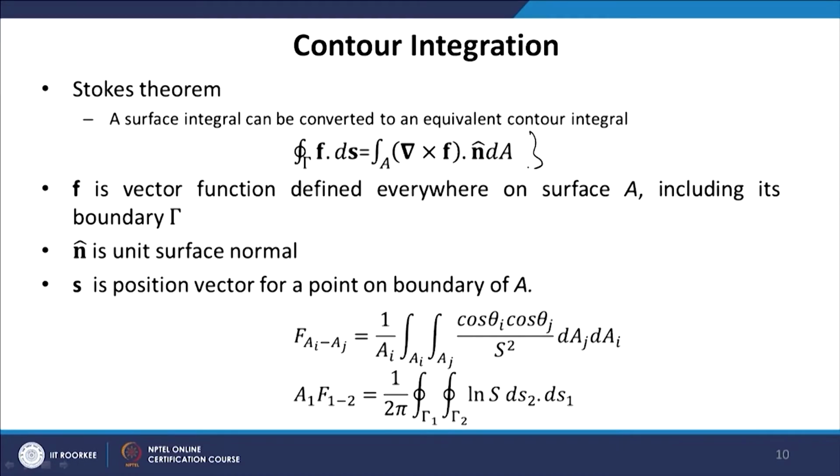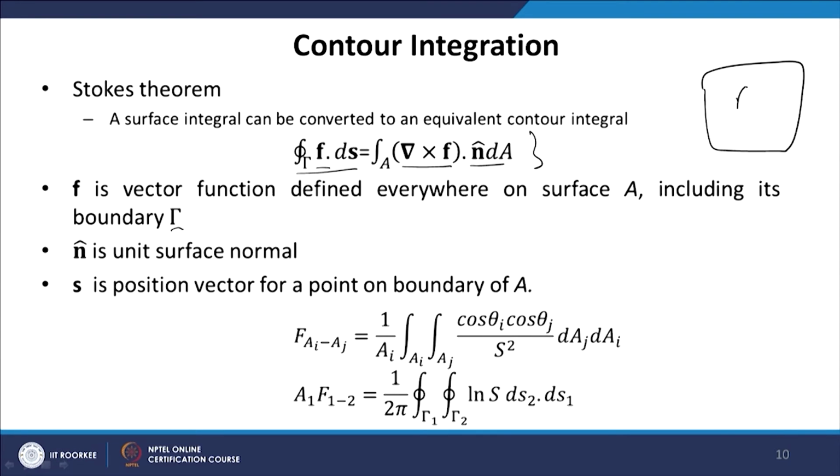So, contour integration is based on Stokes theorem, that basically converts a surface integral into a line integral. So, the Stokes theorem is given by this. Let us say we have f, a vector function which is defined on surface A, including the boundary gamma, okay. The Stokes theorem says that the surface integral of the curl of f dotted with the area vector, integrated over the surface, is equal to the line integral of the function f around the path surrounding the surface.